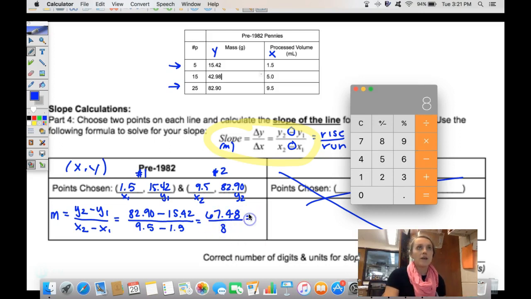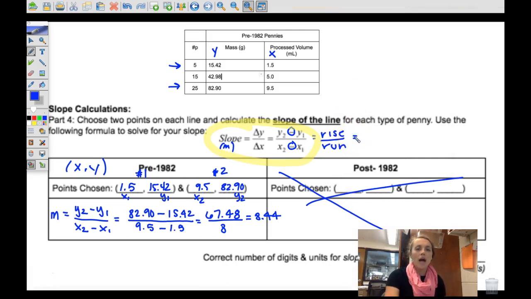So now we get to simplify this even farther. 67.48 divided by 8 is equal to 8.435. So let's round to 2 decimal places: 8.44. I think I need a unit. So the rise was the mass, so the y-axis was mass, and that's in grams. And that's over volume, which was in milliliters. So this is grams per milliliter.